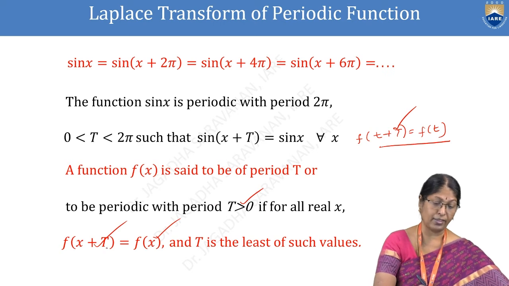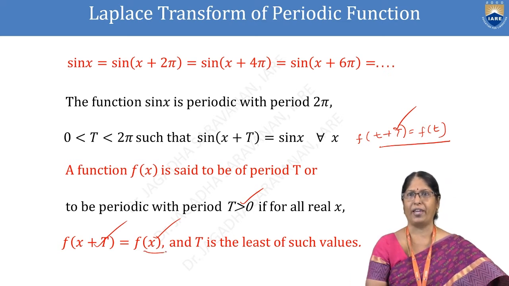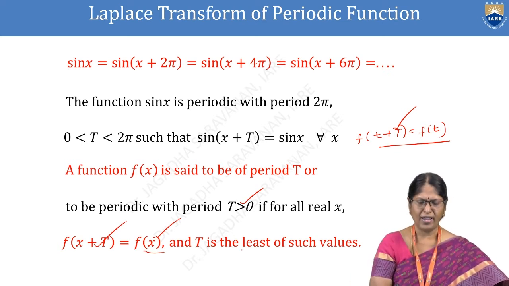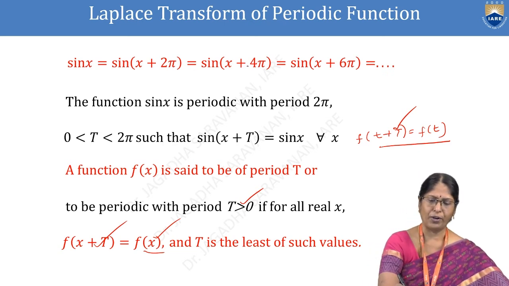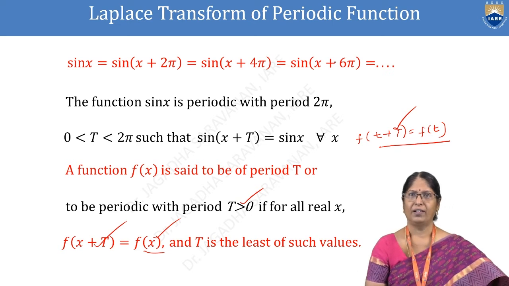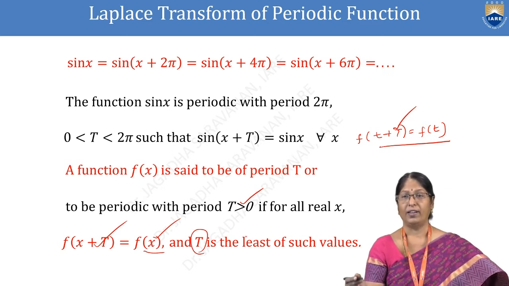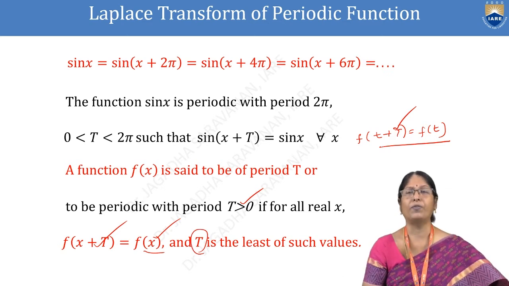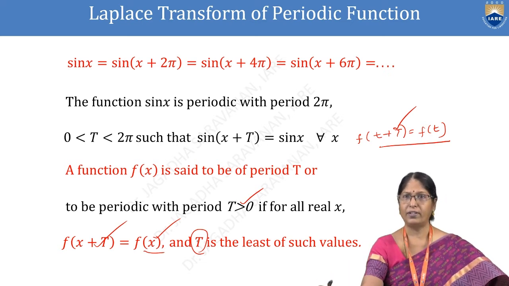If you are adding the period to our given function, it is equal to our given function only, and capital T is the least of such values. We have to see that here 2 pi, 2 pi, 2 pi we are adding, and the least one is 2 pi. So the least one is playing the role of period. It is denoted by capital T.